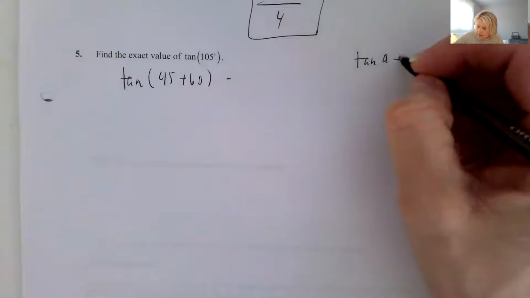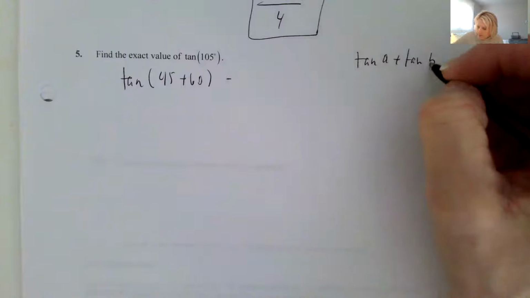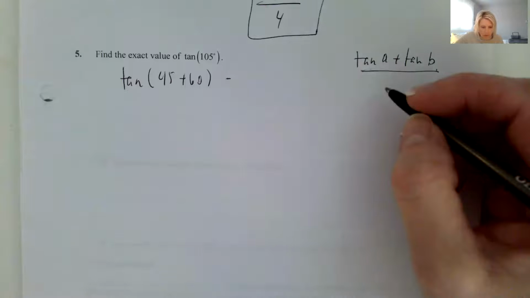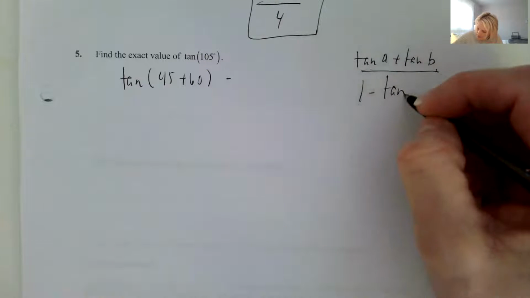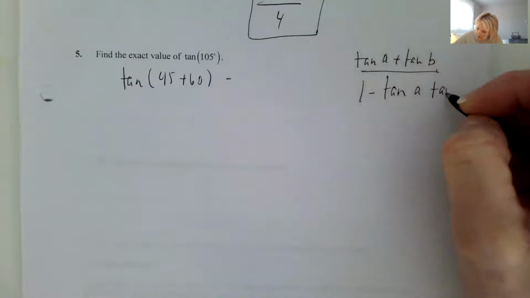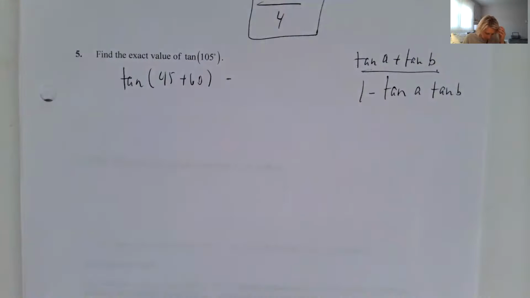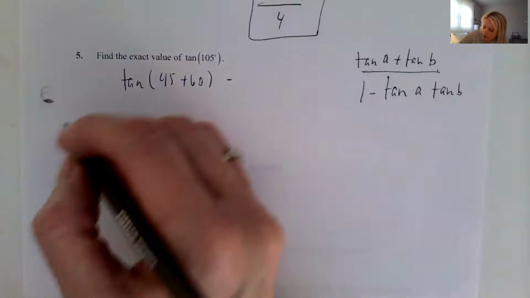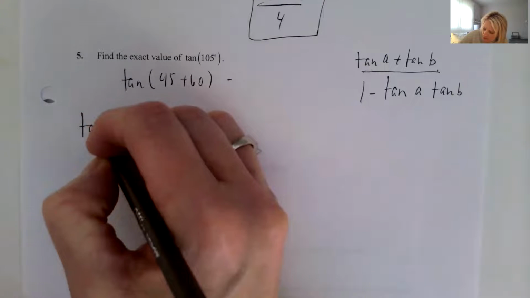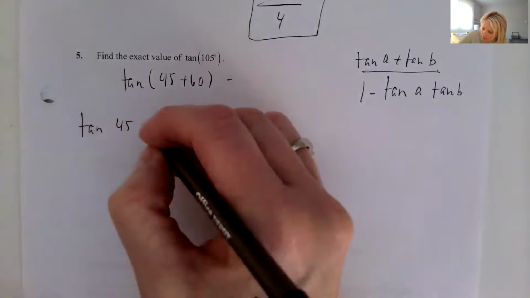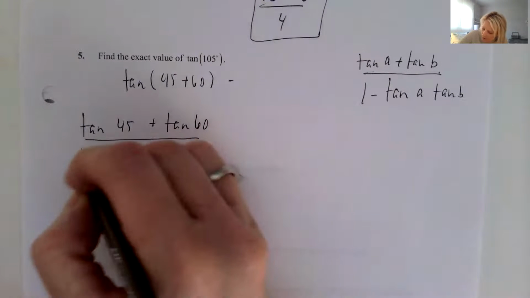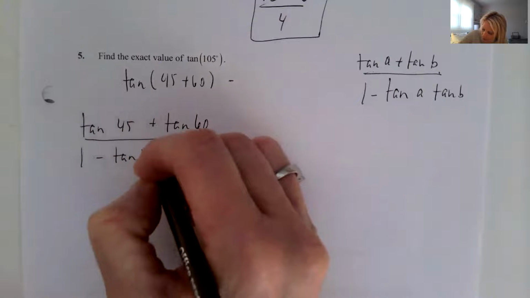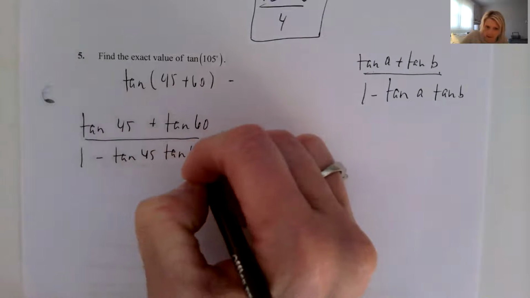Tangent of A plus tangent of B over 1 minus tangent of A times tangent of B. So this is going to be the tangent of 45 plus the tangent of 60 all over 1 minus the tangent of 45 times the tangent of 60.